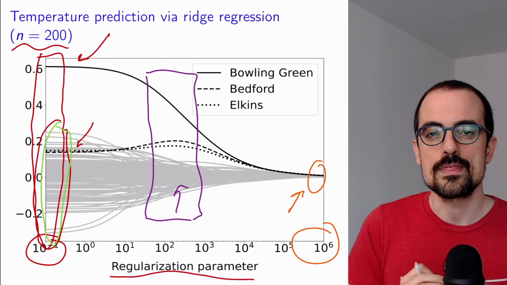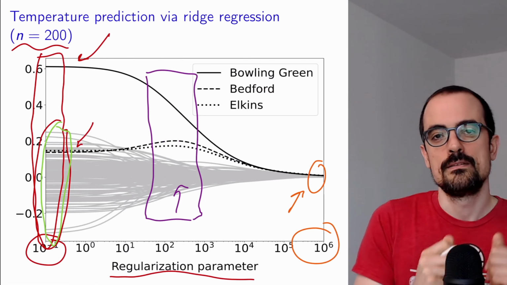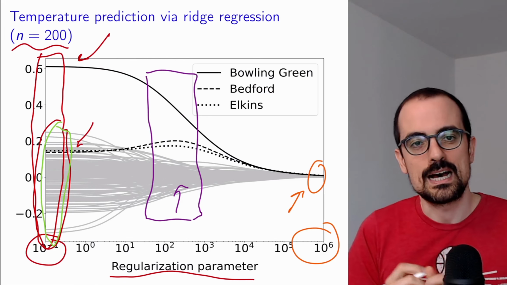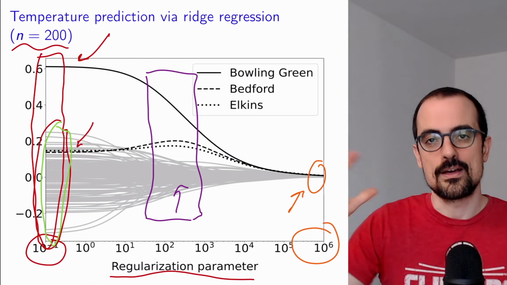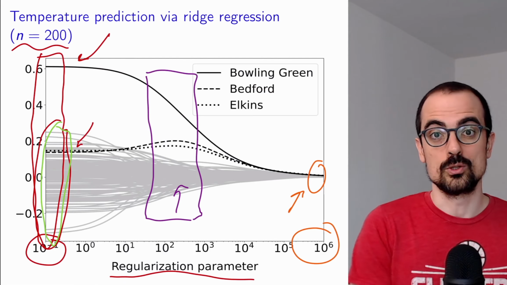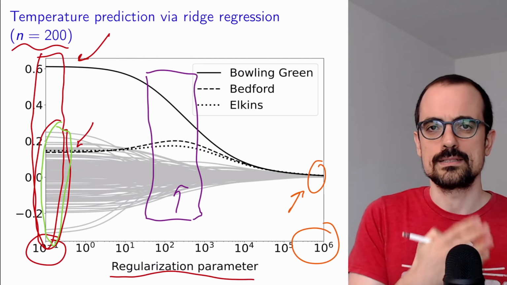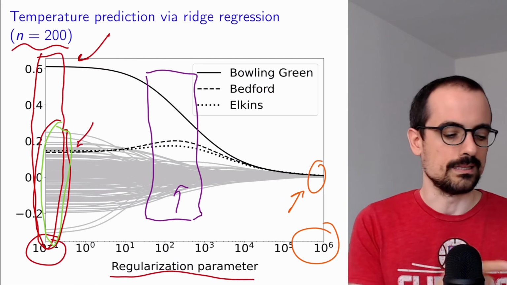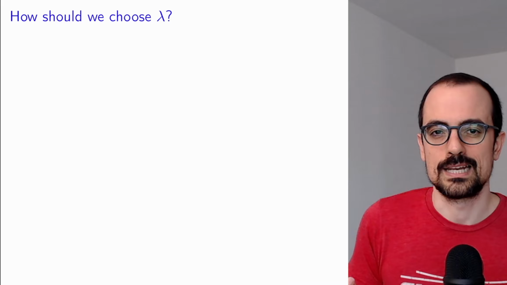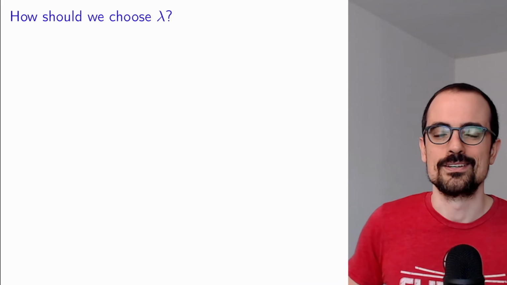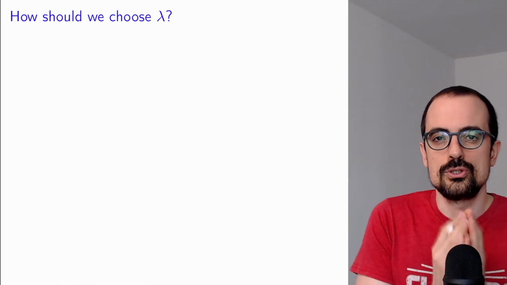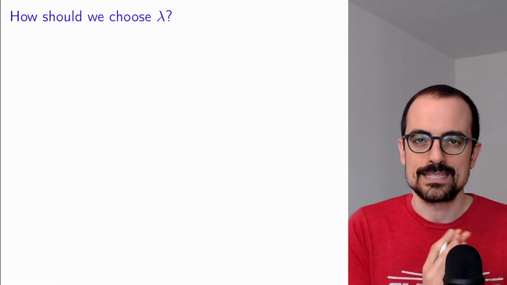That's the regime where the model is able to fit the training data reasonably well, but without all the other coefficients becoming large. And we hope that that is going to be a good model. We'll take a look at its training and test error a little bit later. But first, let's think about how we should choose lambda. By a little bit later, I mean almost right now. Should we choose lambda? Do you think we should choose the lambda that gives us the best training error?